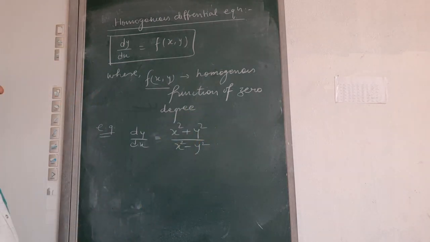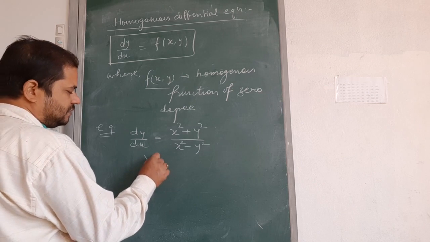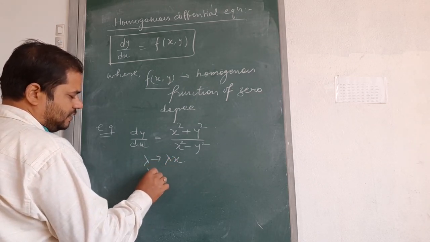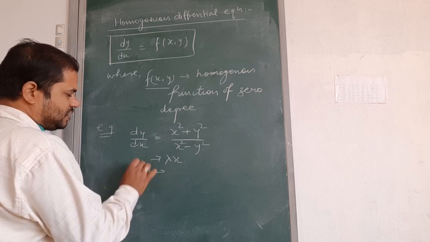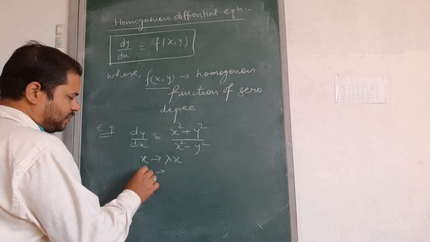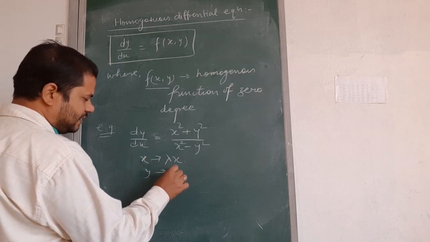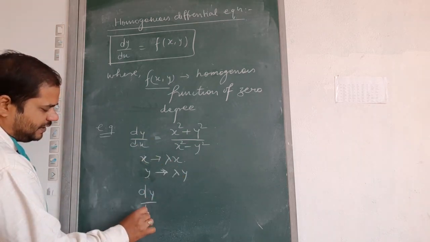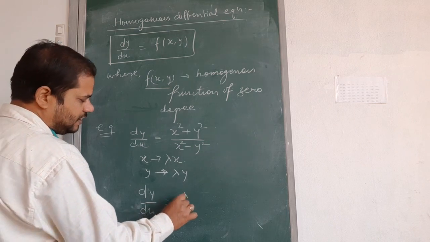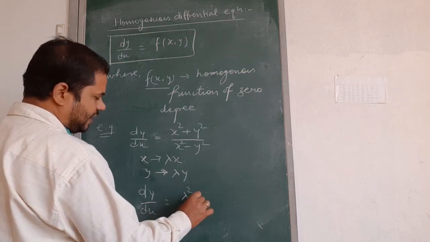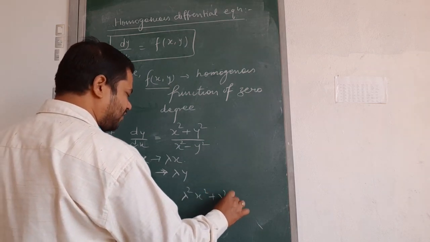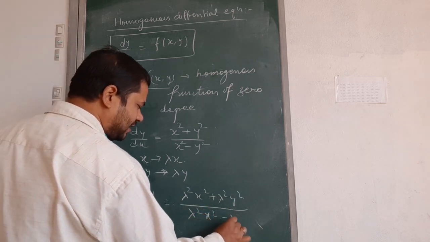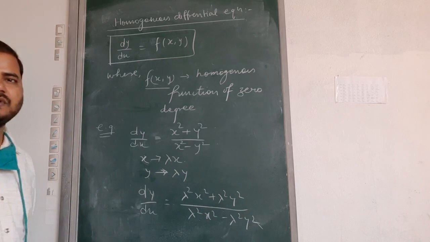If we replace x by lambda x and y by lambda y, then we will get dy by dx is nothing but (lambda square x square plus lambda square y square) upon (lambda square x square minus lambda square y square).